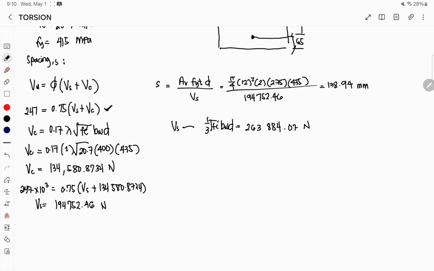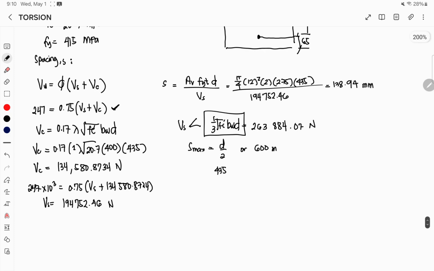Since the value of Vs is less than this, the S max will be equal to d over 2 or 600 mm. For d over 2, we have 435 divided by 2, or 217.5 mm. So choose the smallest among the three.